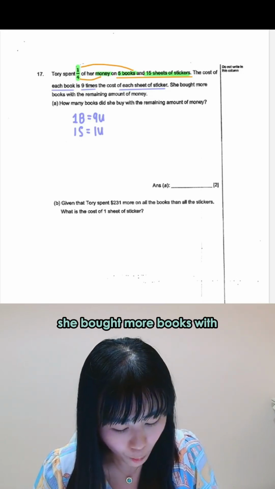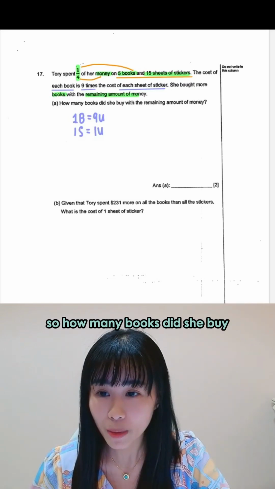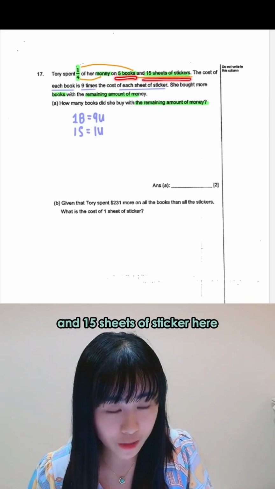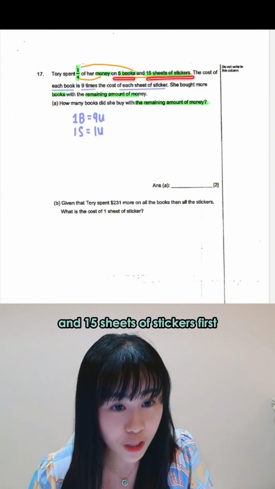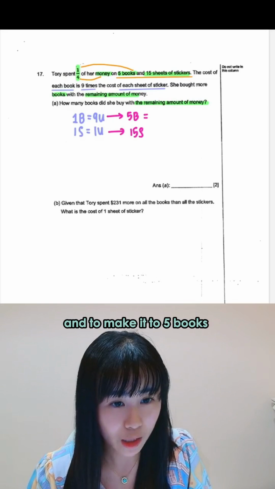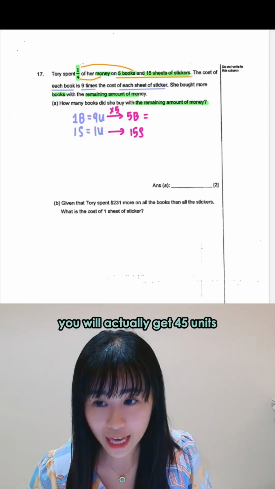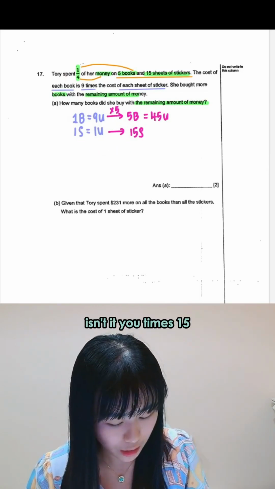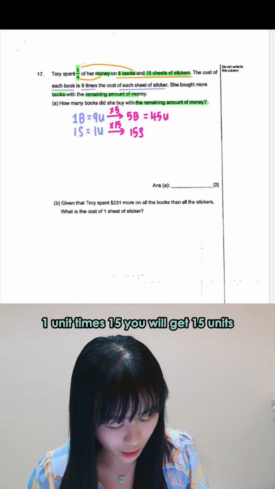She bought more books with the remaining amount of money, but we don't know how many books there are. So how many books did she buy with the remaining amount of money? You got 5 books and 15 sheets of sticker here, and she spent 1/4 of it. So can we find 5 books and 15 sheets of stickers first? To make 1 book to 5 books, isn't it you times 5? 9 units times 5, you will get 45 units. 1 sheet of sticker to become 15 sheets of sticker, isn't it you times 15? 1 unit times 15, you will get 15 units.